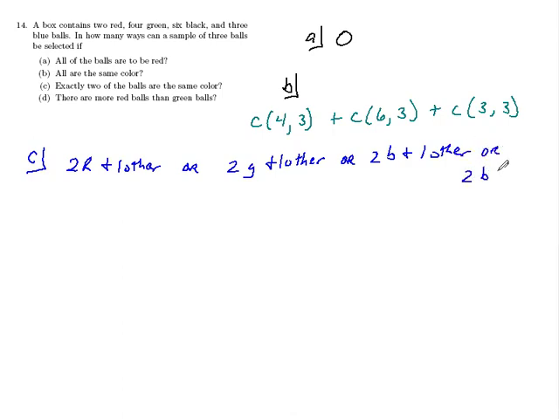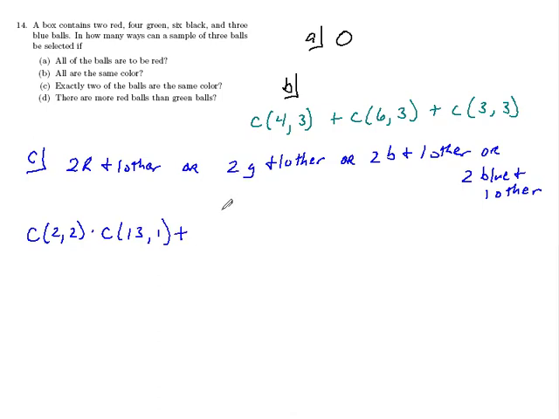Or 2 blue and 1 other. In other words, I sort of make a chart similar to the fashion of problems 1 through 4. So this is what I'm looking for. So 2 red and 1 other, so combination 2 choose 2. Now the 1 other, we have 4 green, 6 black, and 3 blue, so 4 and 6 is 10. That means of the other 13, we need 1.